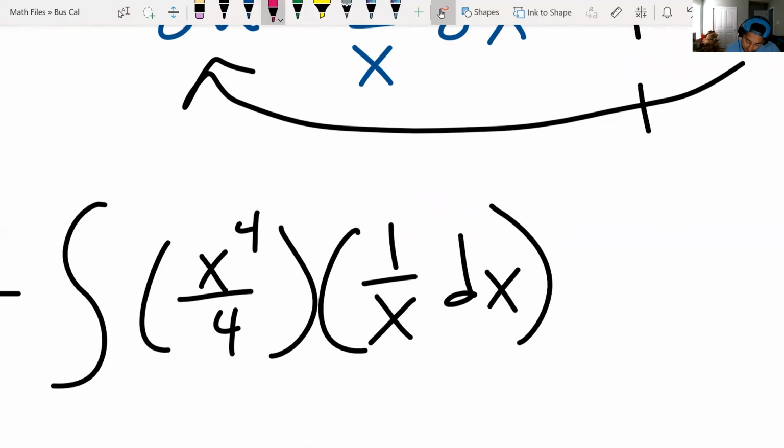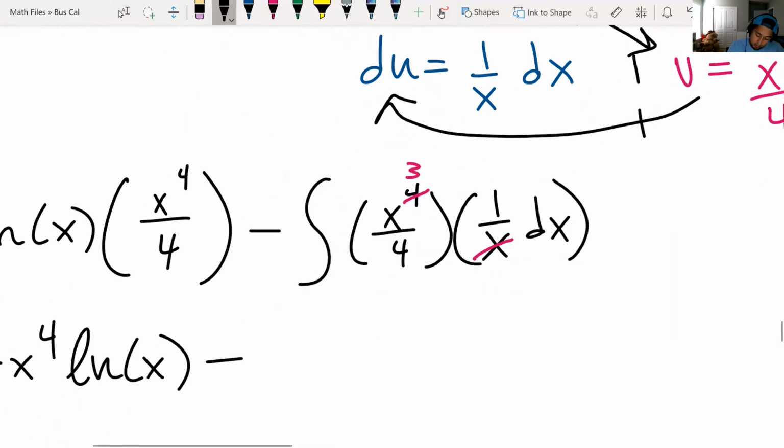This means that this x is going to cancel, and this 4 is going to become a 3. That's just reducing powers. So what we end up with is the integral of 1/4 x cubed dx.